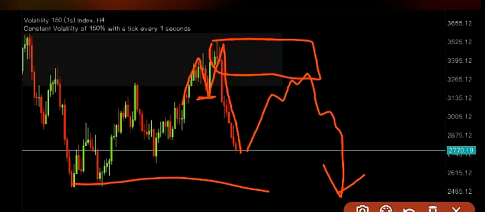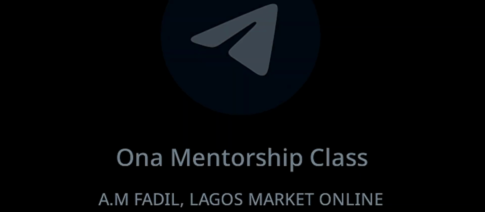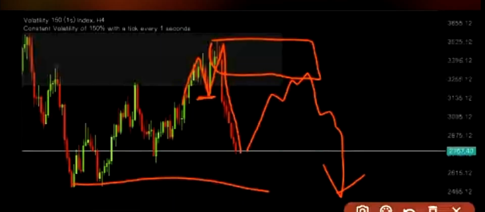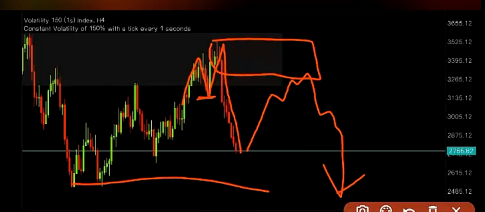In a situation where you reach a point where you don't know whether you want to buy or sell, you don't trade on that pair. You just leave it. You don't force it. In trading, you don't force things, because if you force things, you're only going to end up losing money. So that is the basic idea.